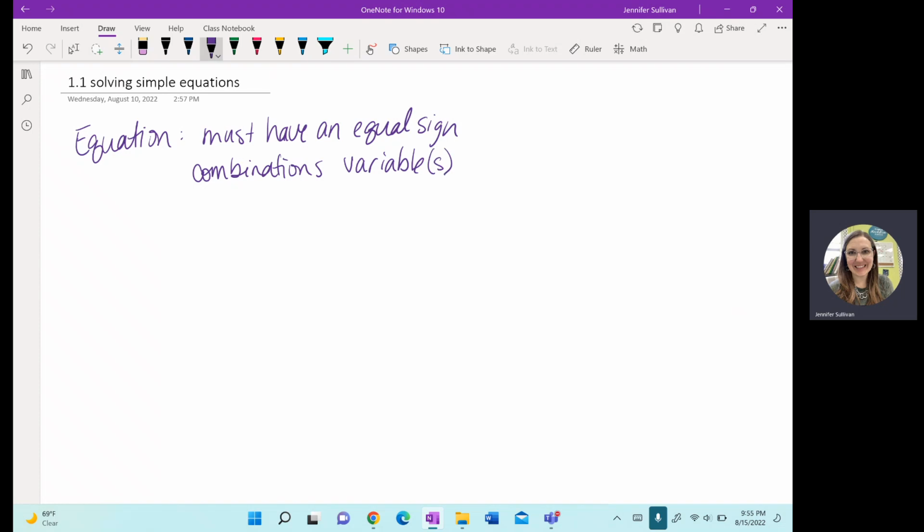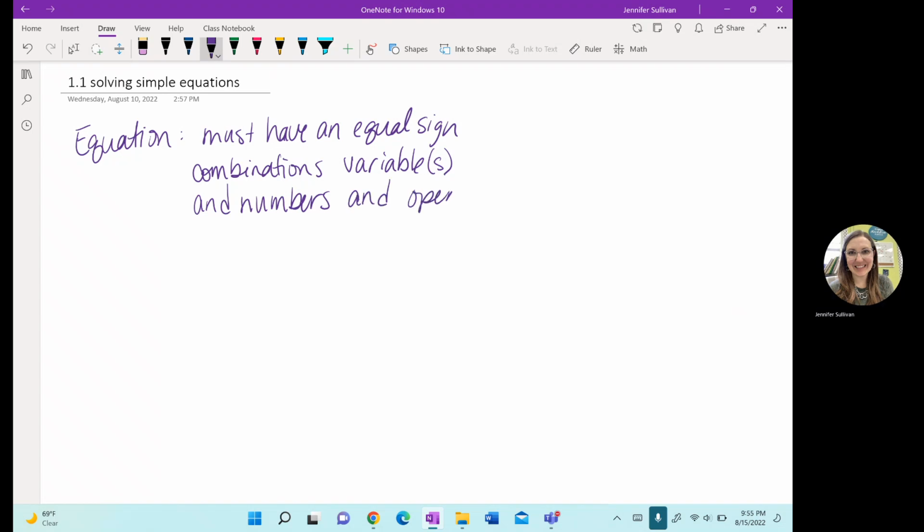A combination of variables and numbers and operations. The operations in math are things like adding, subtracting, multiplying, dividing. This is what tells me what to do in the problem, kind of the action or the verb, I guess.